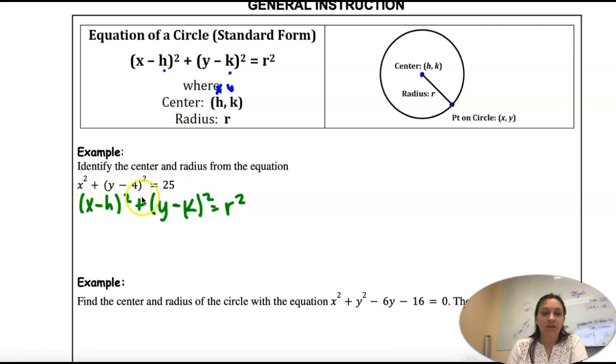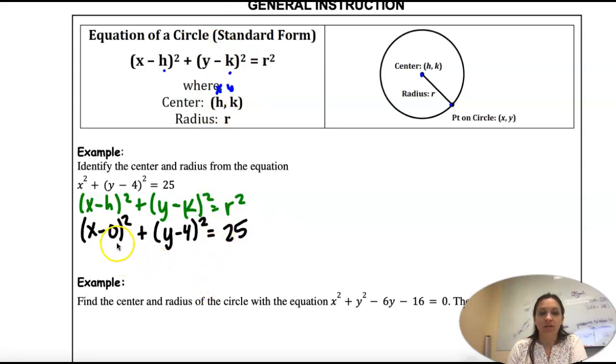So this is almost in the right form, y minus 4, but there's nothing by x. So we have to add a number. When x is by itself, it's really x minus 0 squared plus y minus 4 squared equals 25.